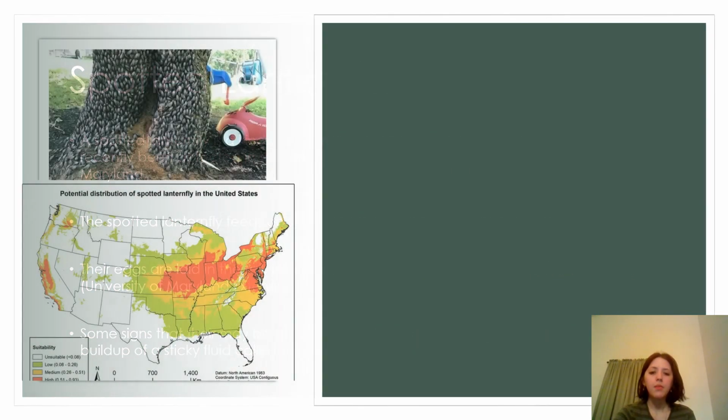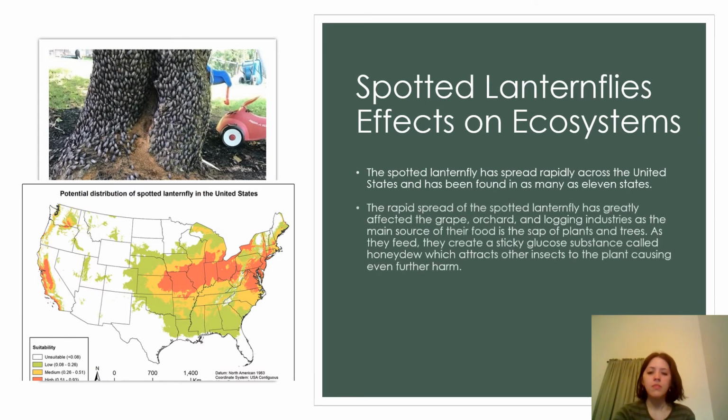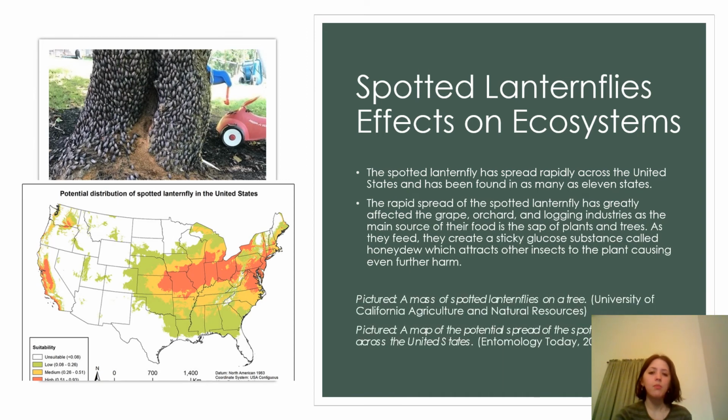Okay, so to continue, spotted lanternflies and their effects on ecosystems. Okay, so the spotted lanternfly has spread rapidly across the United States and has been found in as many as 11 different states. One of them includes West Virginia.